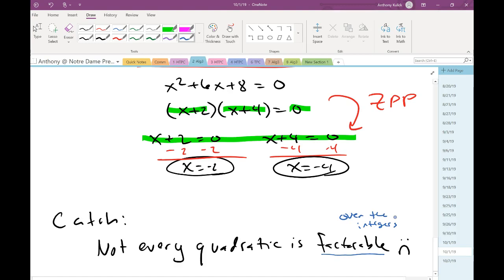But just to be clear, when we say factorable or not factorable, we're really talking about over the integers, where the coefficients are whole numbers. That doesn't need to be the case. These things that we can't factor with whole numbers, we could factor with some other kind of number, perhaps a fraction or a decimal or something different. Okay with that idea?